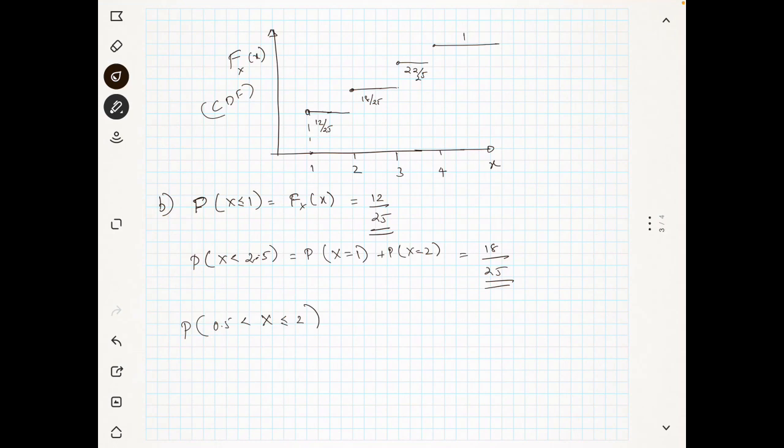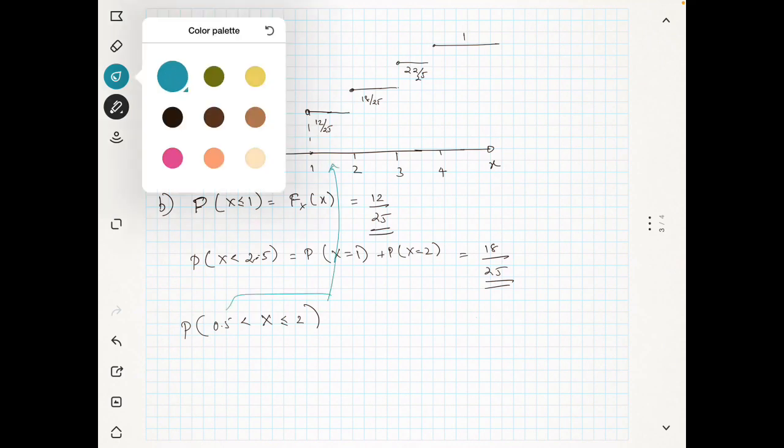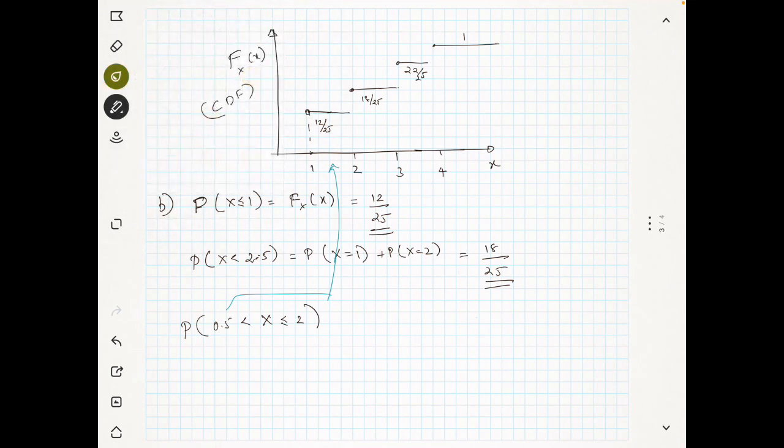If you take these points on the graph, you can see 0.5 is here and 2 is here. So you have only one value, which means it is the probability that x is equal to 2.